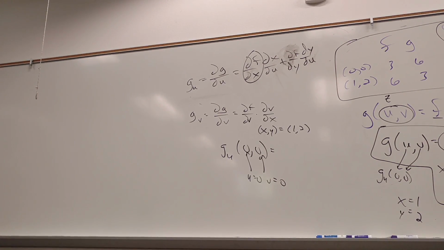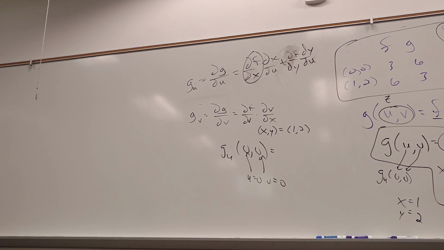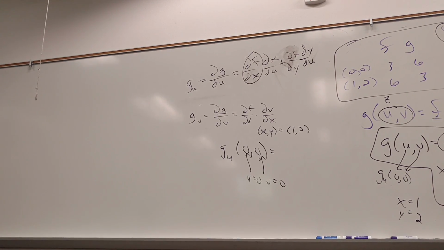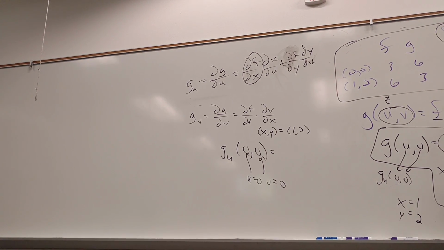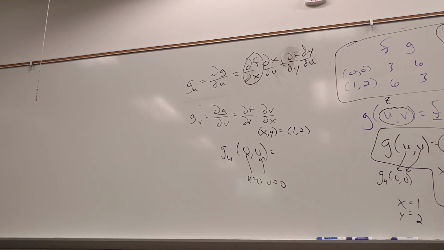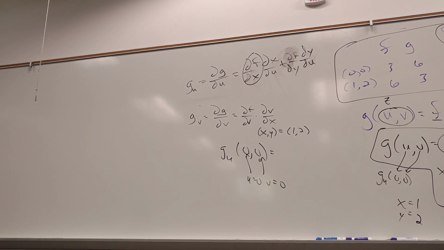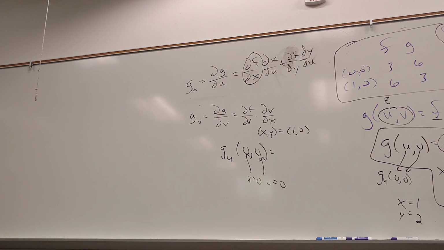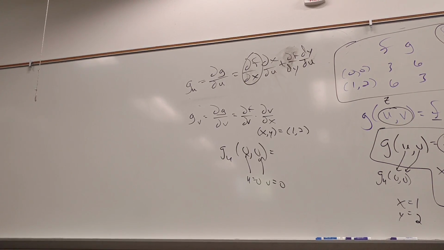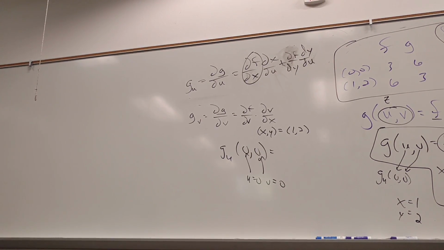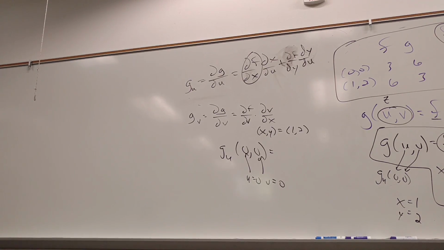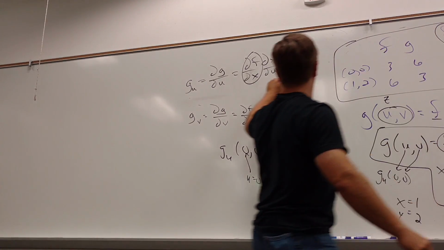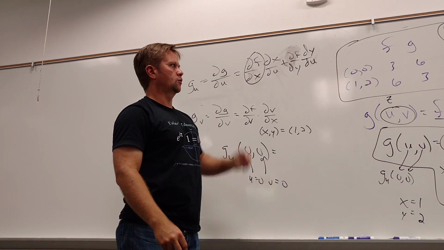Now, what if x is a function of u and v, and y is a function of u and v? Then dz/du would be dz/dx times dx/du, plus dz/dy times dy/du.